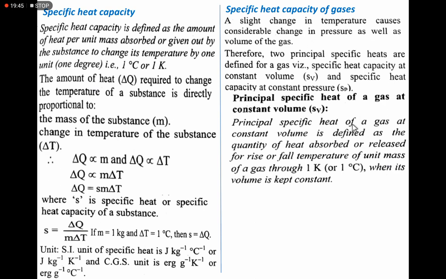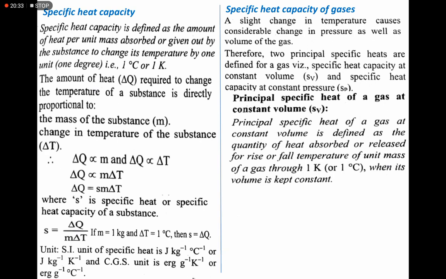Principal specific heat of a gas at constant volume is defined as the quantity of heat absorbed or released for rise or fall of temperature of unit mass of gas through 1 degree Kelvin or 1 degree Celsius when its volume is kept constant.